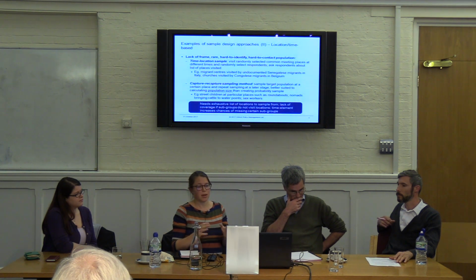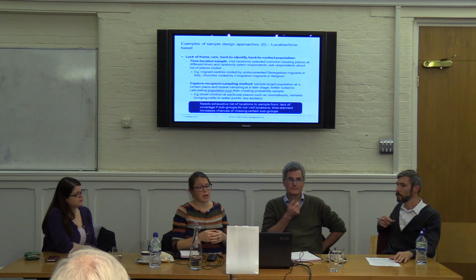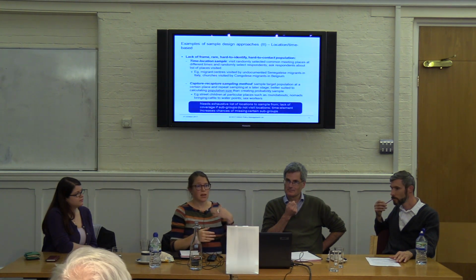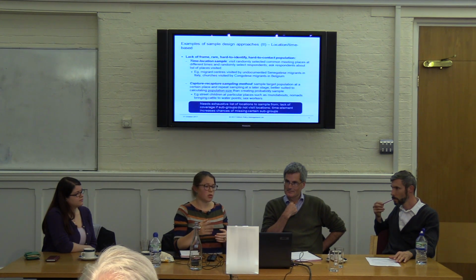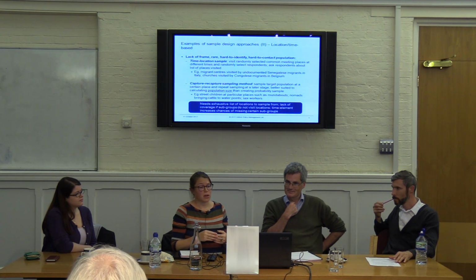You have to come up with a list of all the places where they could possibly come together, and then also ask the respondents about all the places they visit, to then constitute the probability of selecting that particular respondent in that church. We had done this with undocumented Senegalese migrants in Italy, for instance, or also Congolese migrants in Belgium.